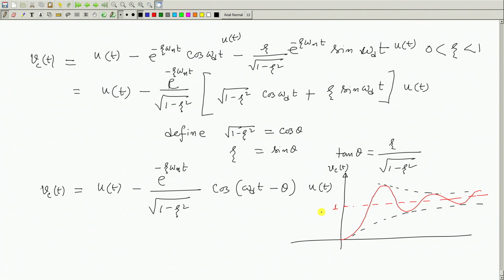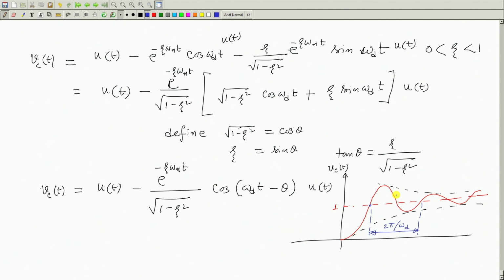But mind you, this interval is equal to 2 pi by omega d, where omega d is called the damped frequency of oscillations. I think you have got it.